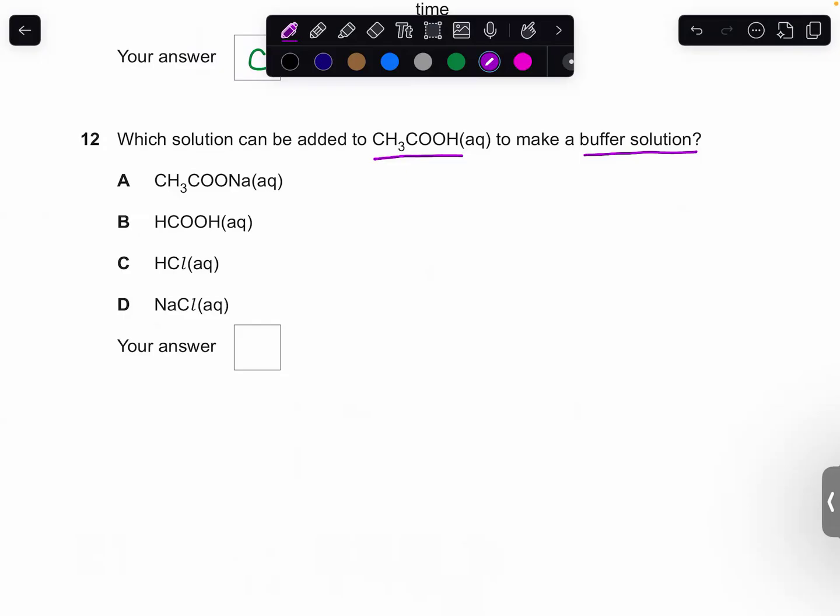So in this case, out of these options, the only option we have is the salt. So it's weak acid and its salt, sodium ethanoate.